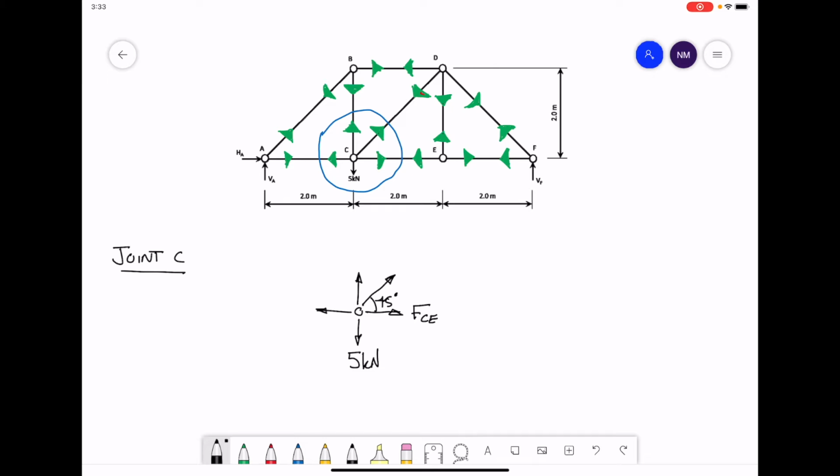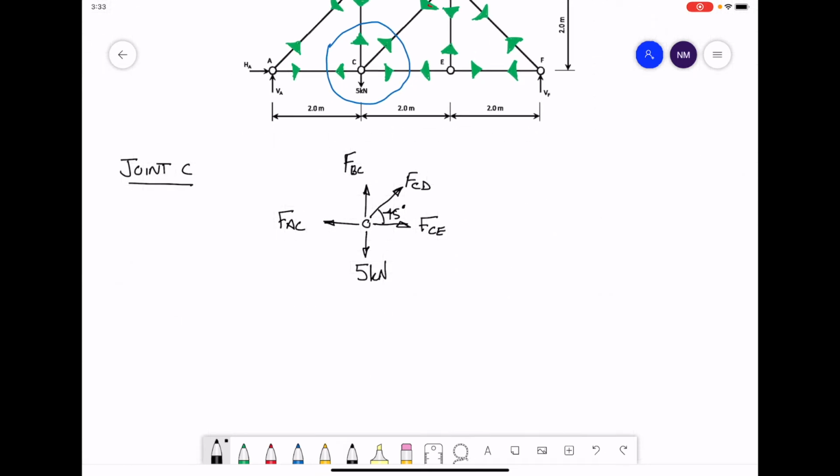The diagonal force is force CD. Vertical force is force BC, and the horizontal force to the left is force AC. Resolving the forces, first of all we're going to start with resolving forces vertically. So we have positive force BC, take off 5 kilonewtons acting purely downwards.